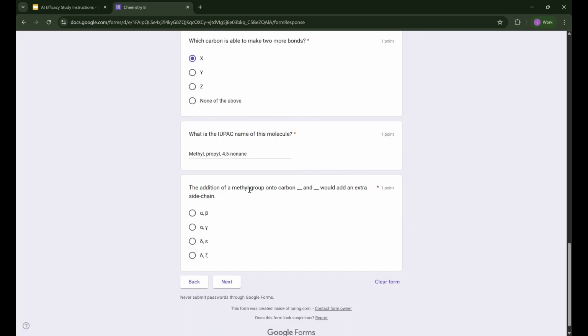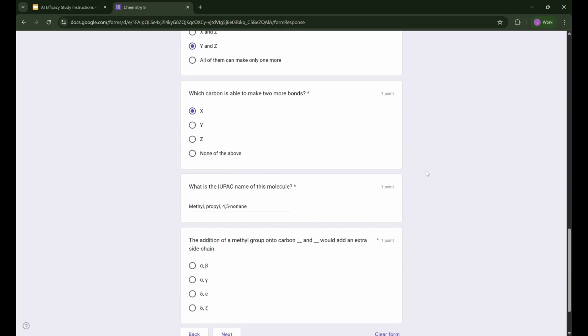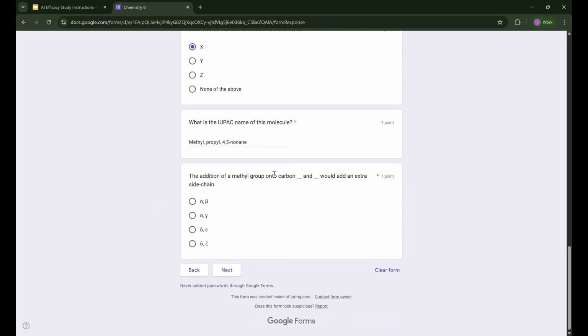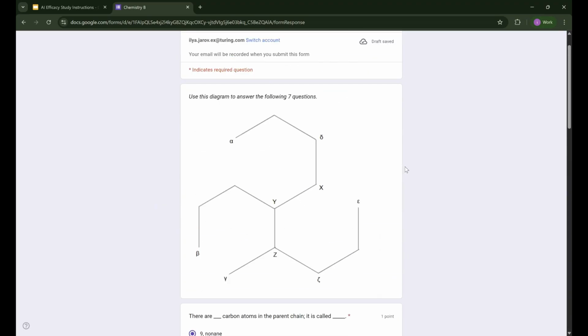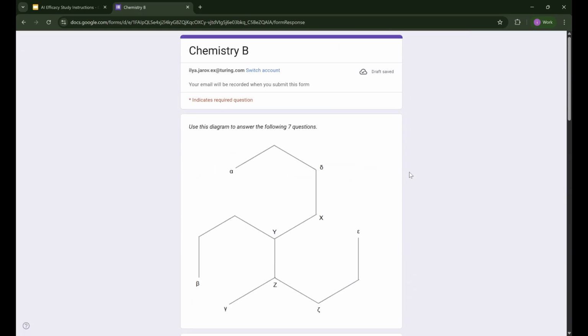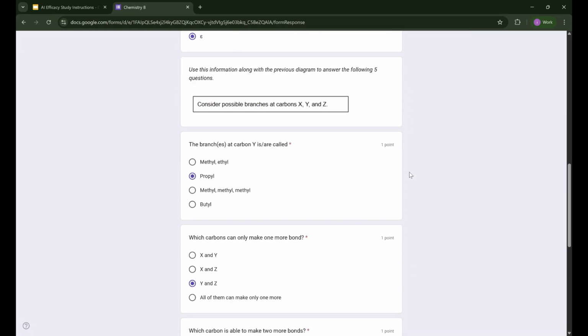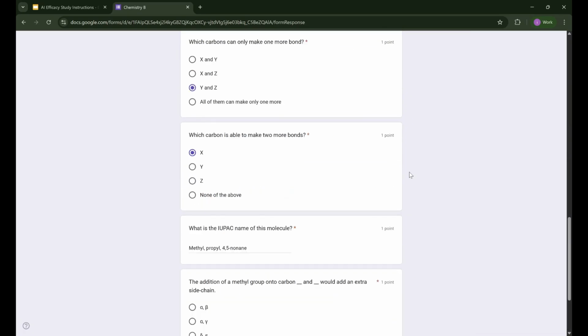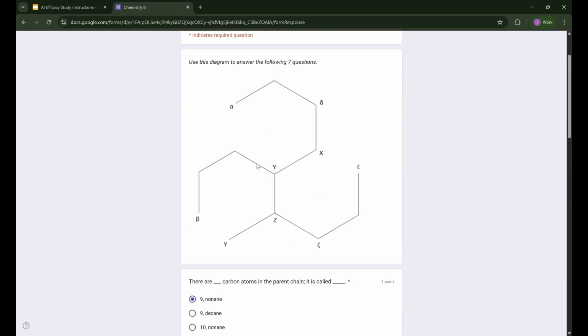The addition of a methyl group onto carbon and would add an extra side chain. Oh, so I think it means like another one of these.